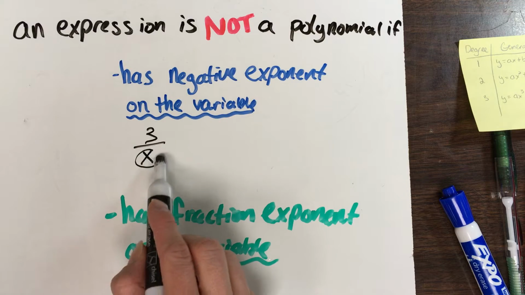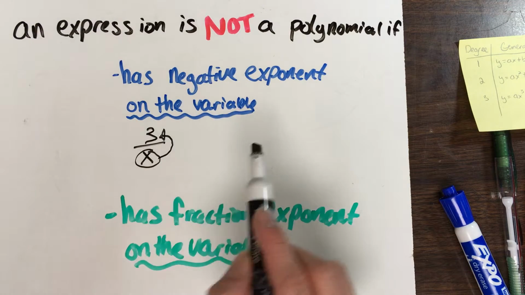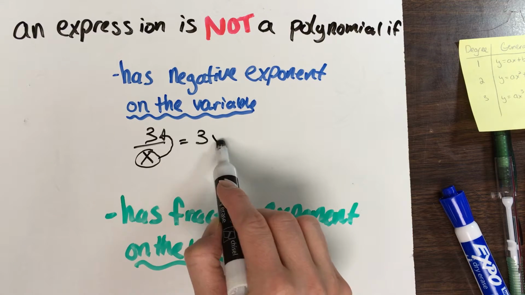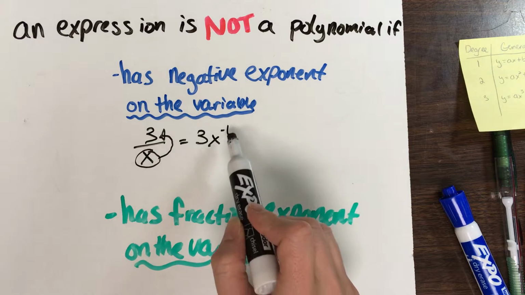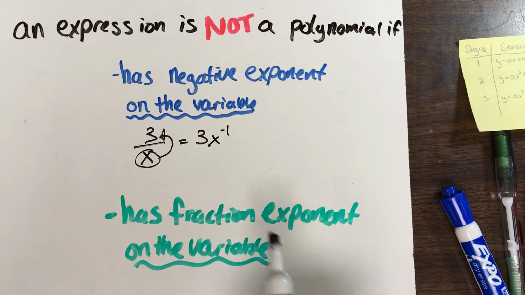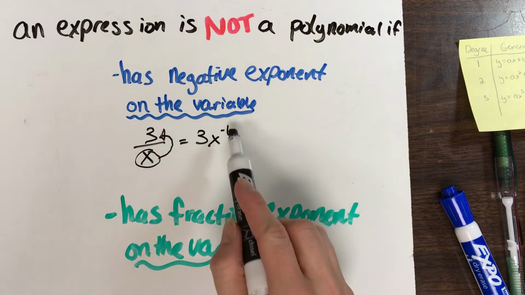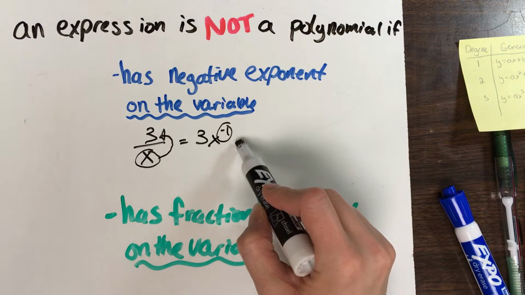However, the reason why this x is in the denominator is because when it was written in the numerator, it was 3x to the power of negative 1. Negative exponents are not acceptable. So what you do when you have a negative exponent, you would simplify it by moving it to the denominator, and that would make it negative. So right here we have a negative exponent, so that would not be a polynomial.